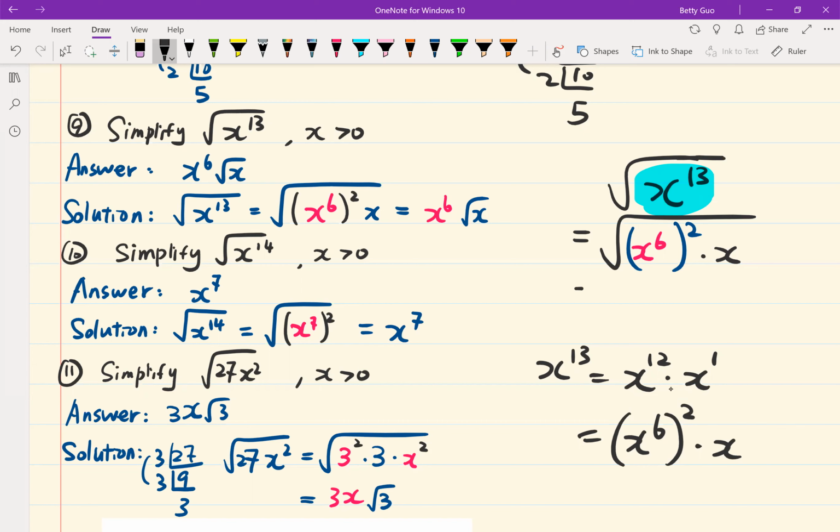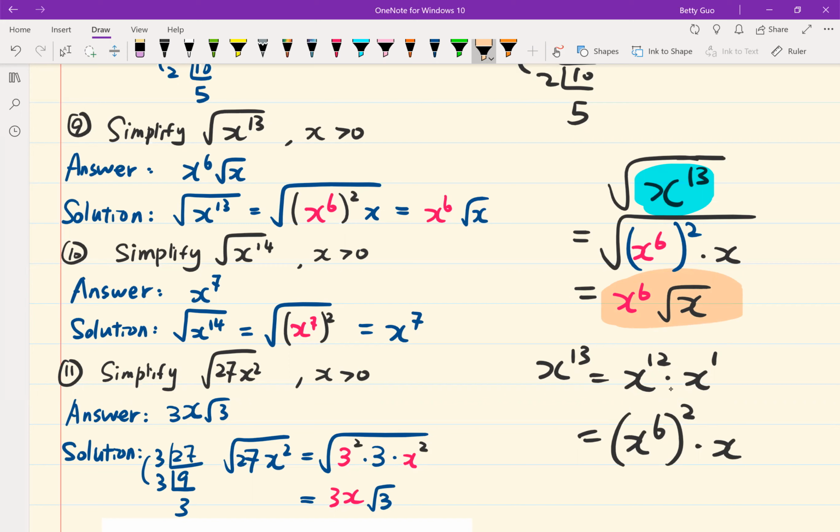We are able to move it out. And under the square root, we still have a factor x, which remains under the radical because x has no square on its shoulder to cancel the square root. And this is the final answer. Okay? Any questions?